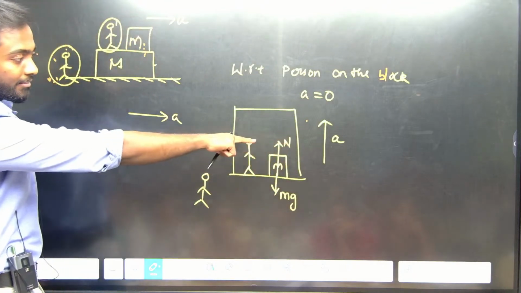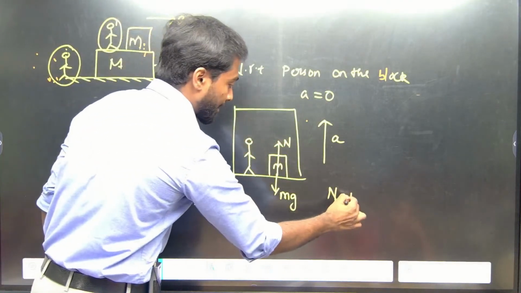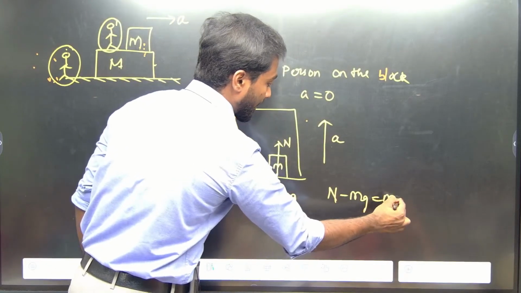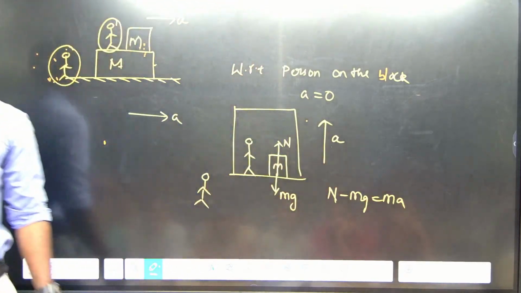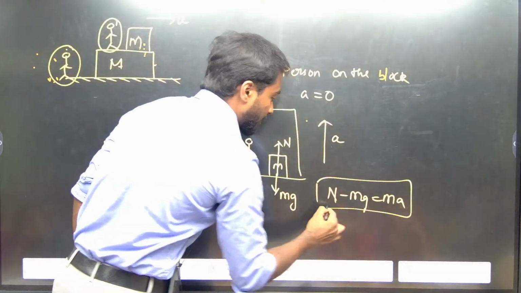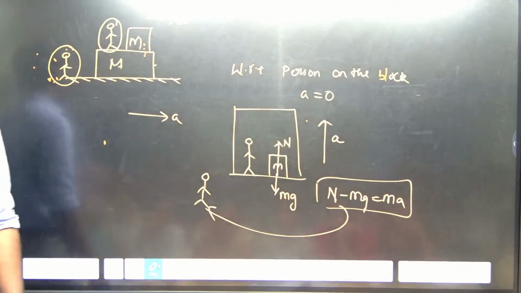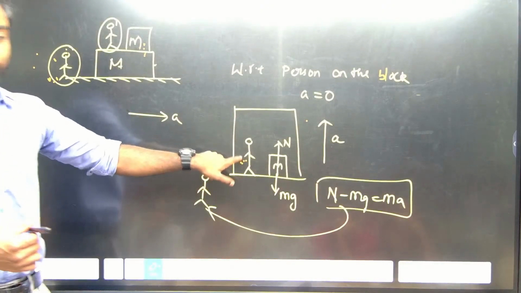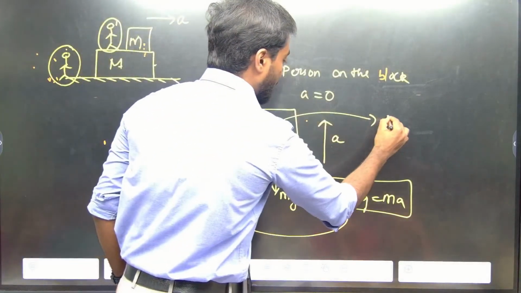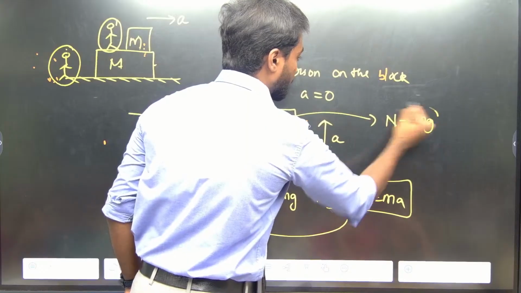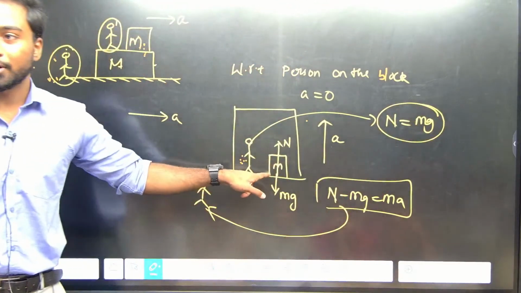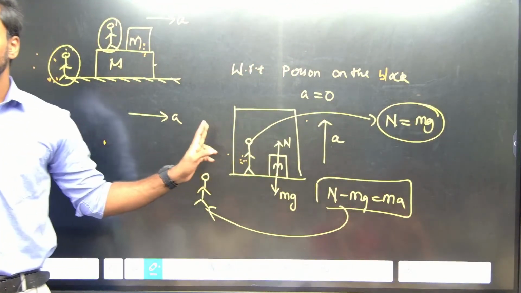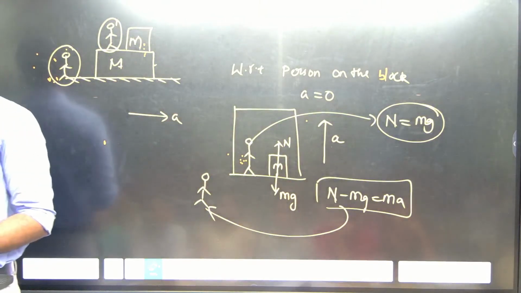When acceleration is acting, N minus mg will be equal to ma. Any doubt? This equation is with respect to this person, no? But with respect to the person inside, N will be equal to mg, because there is no acceleration for this block with respect to this person. Both are at rest only, no?